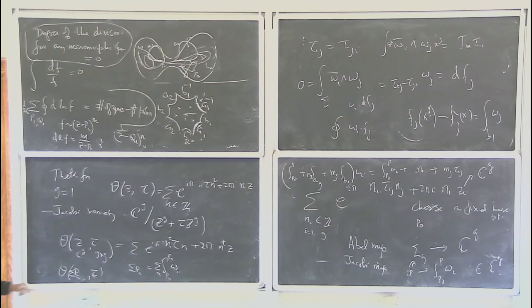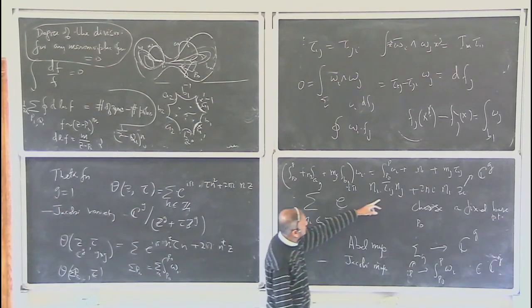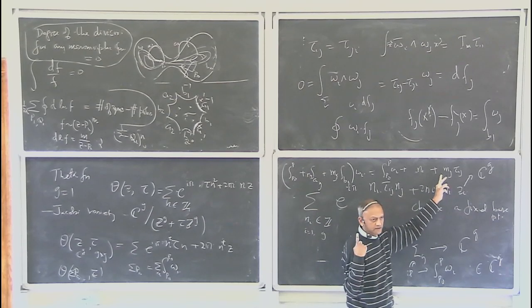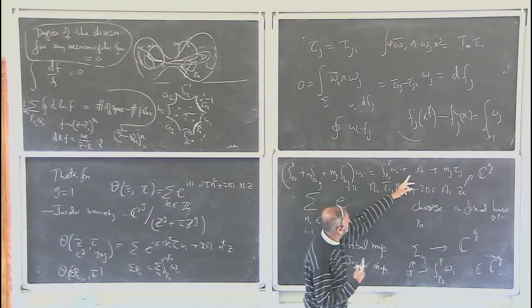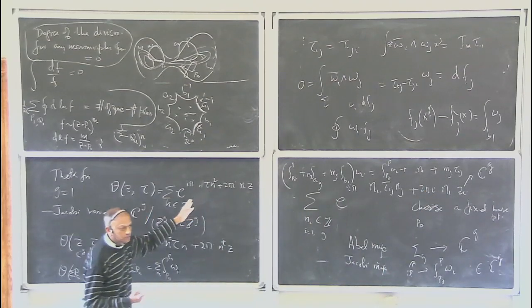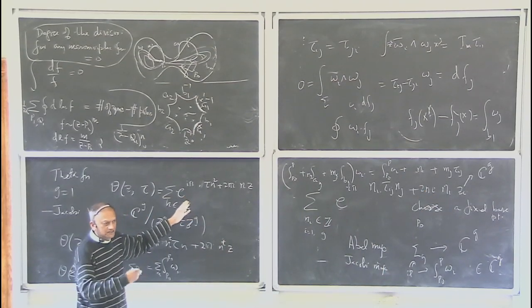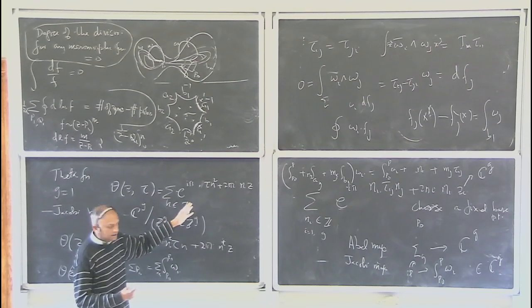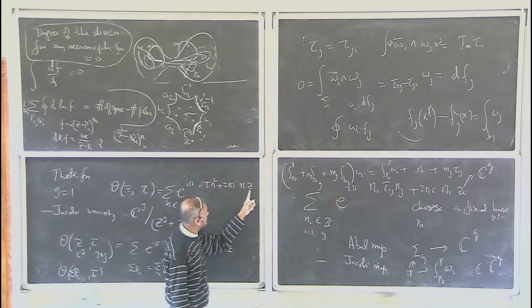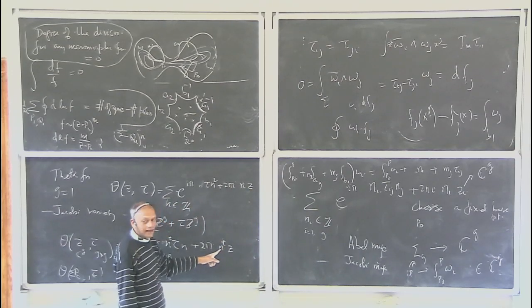By the way, this ambiguity doesn't create too much problem for the theta functions. When I shift by N_i plus M_j tau_ij, there is a definite monodromy property, the quasi-periodicity of theta functions. For example, if I shift these z's by integers, nothing happens.